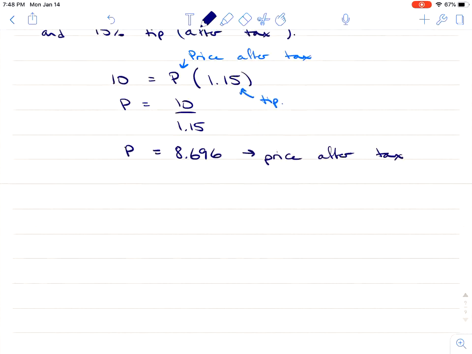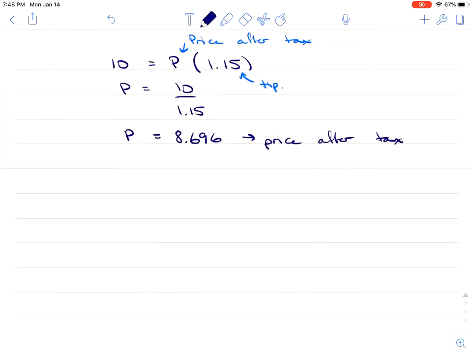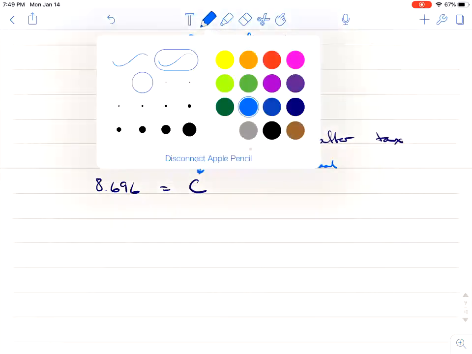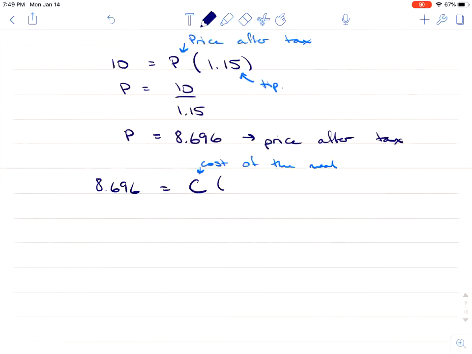Before the tip, so we undid the tip. We undid the 15% tip. And so now we're going to do the same thing to undo the tax. Right. And so 8.696 is, let's call it C. And I'll say C is the cost of the meal, times 1.09.